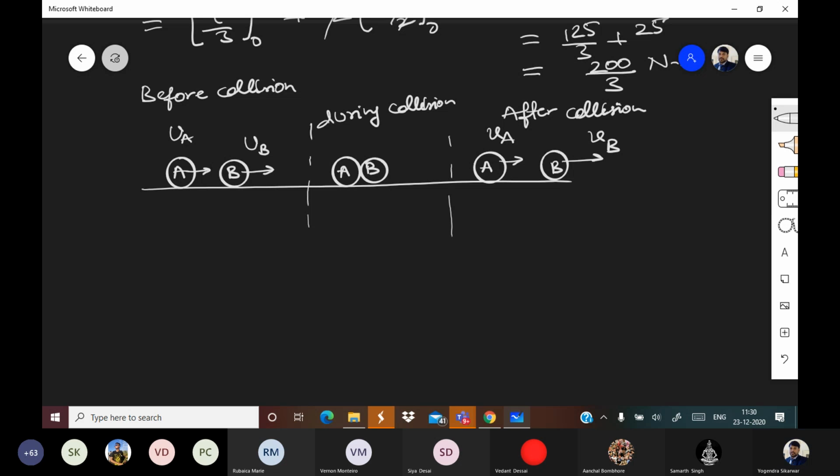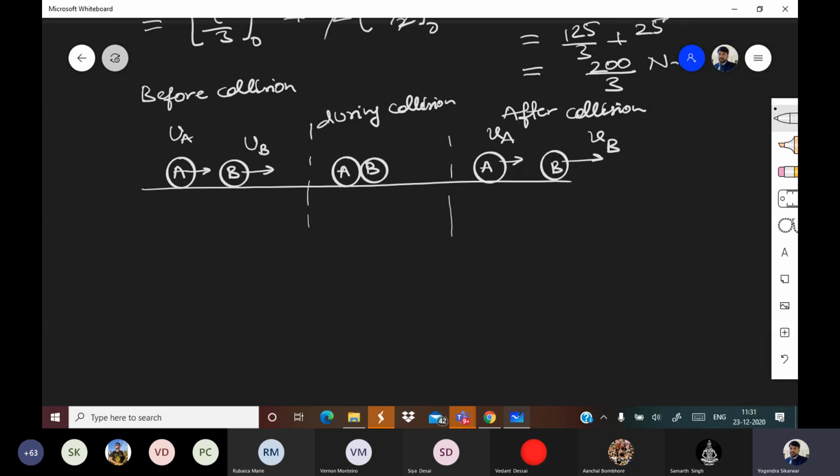Very nice. Now during collision, A is colliding with B, and obviously while the collision is taking place, A will exert force on B. Now due to action-reaction, B will exert force on A also.